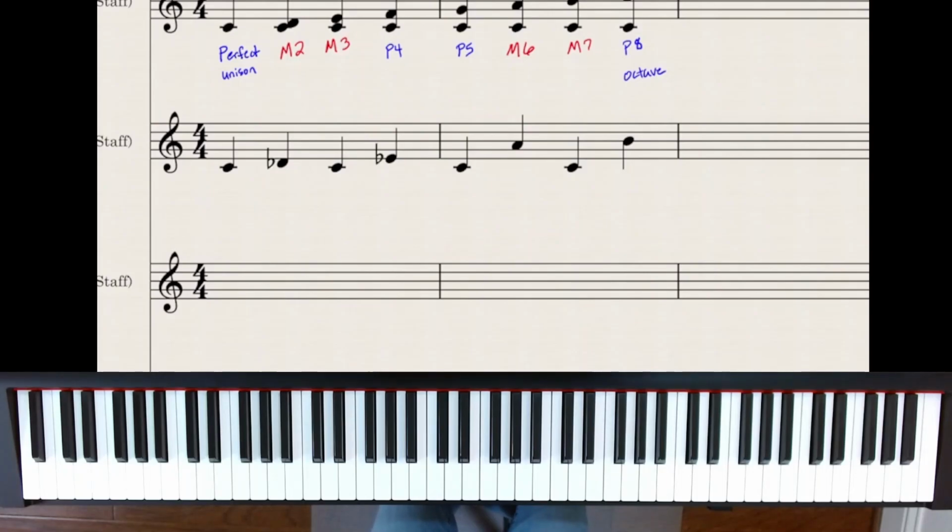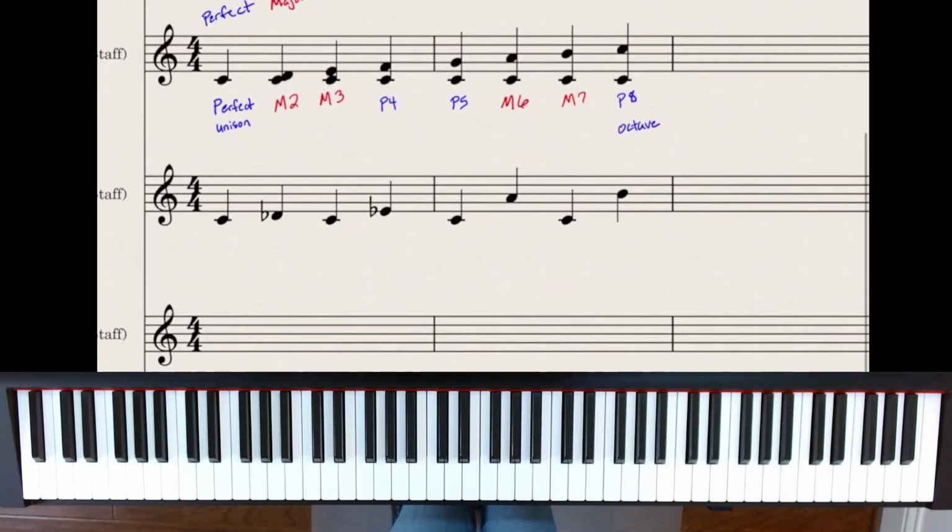In order to get a minor interval, you're only dealing with the major intervals. Okay? So I'm taking from C to D in this first example.